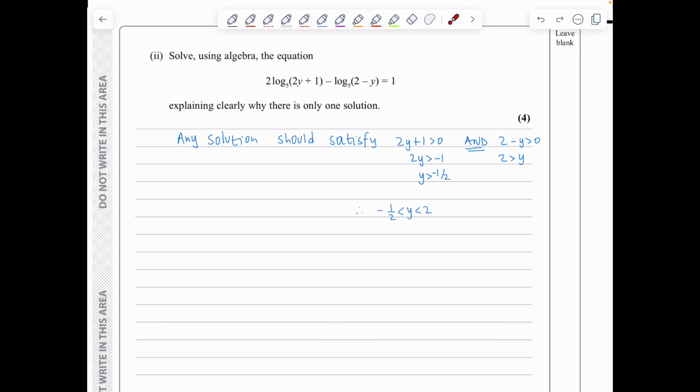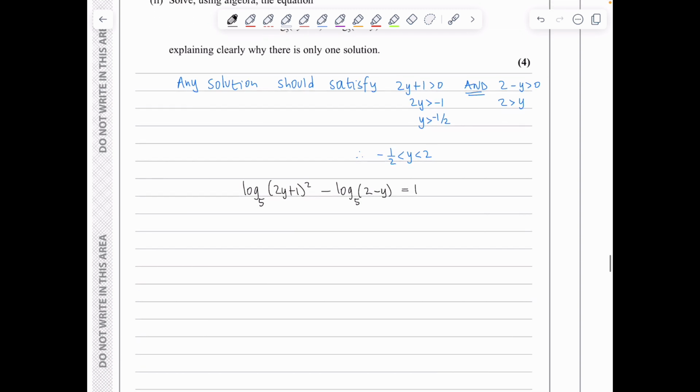I will then proceed by solving the given logarithmic equation, and I will apply the power law, which says that the 2 can go up as a power. So we've got log of (2y plus 1) to the power of 2 base 5 minus log of (2 minus y) base 5 is equal to 1.